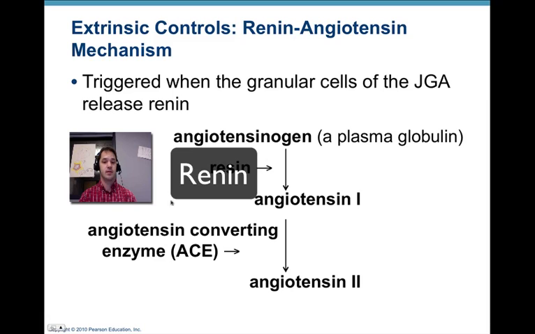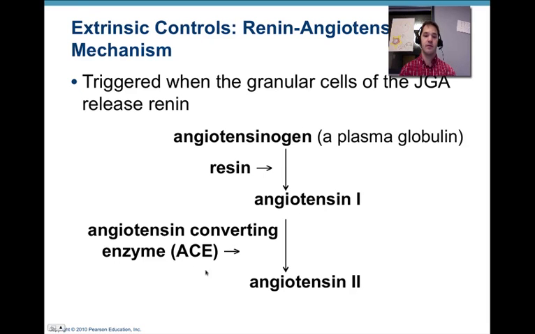One major one is the lungs by angiotensin converting enzyme to angiotensin II. And angiotensin II does a lot of things to regulate and increase blood volume and maintain blood pressure.